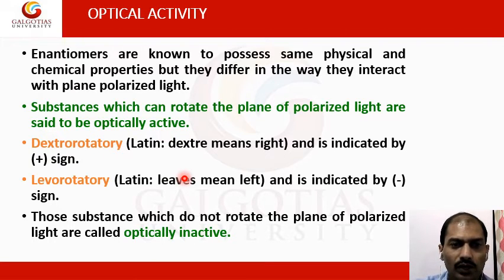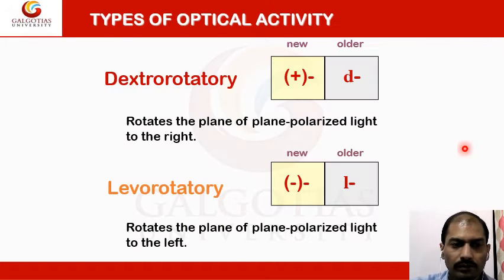So dextrorotatory means right, and is indicated by a plus sign; levorotatory means left, and is indicated by a minus sign. Those substances which do not rotate the plane polarized light are called optically inactive. So you can see dextrorotatory, the new form of indication, is represented by plus, and the older way of representation is d or d minus.